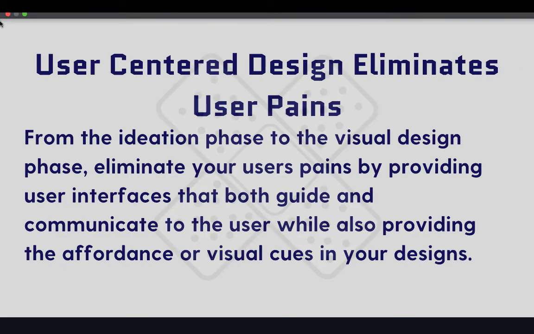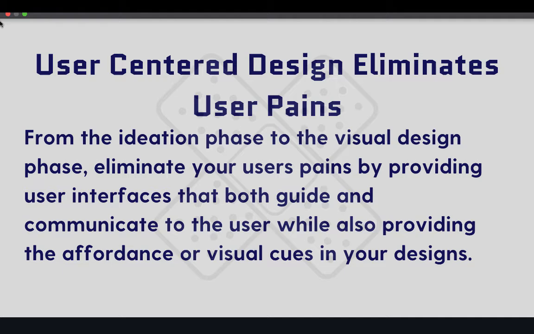So, user design eliminates user pains. So, remember that we seek out applications, we seek out solutions that are going to eliminate pain for us. So if you want to think about it, like, how does your solution make my life easier?